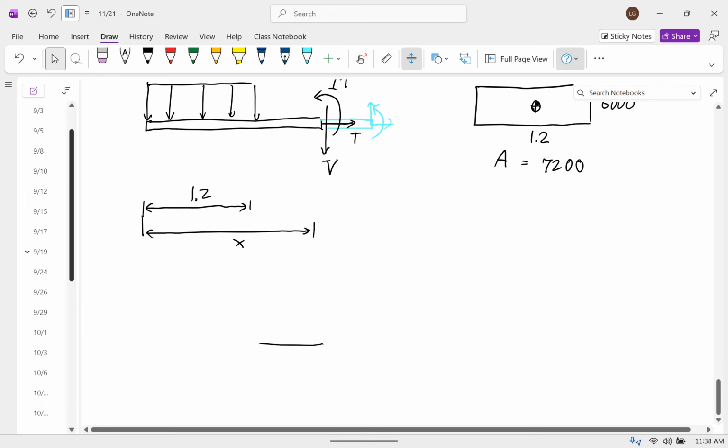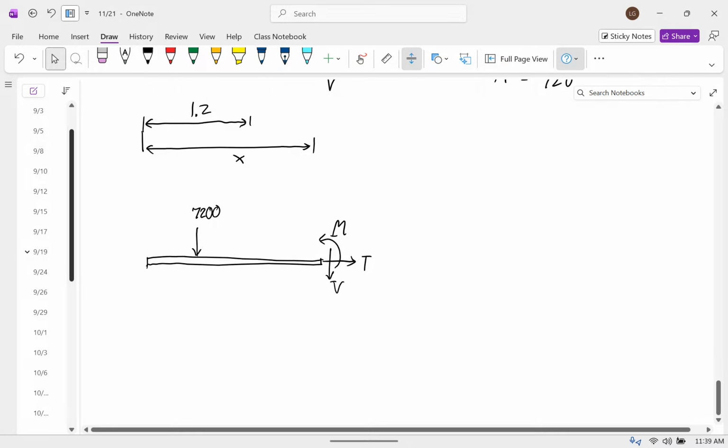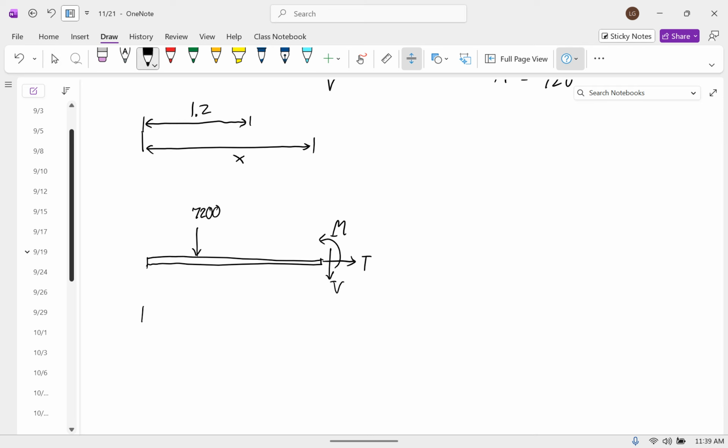So now I'll redraw this. We have a downward force of 7,200, and T, V, and M. The distance to that point downward force is 0.6, and the distance to the end of the beam is x.